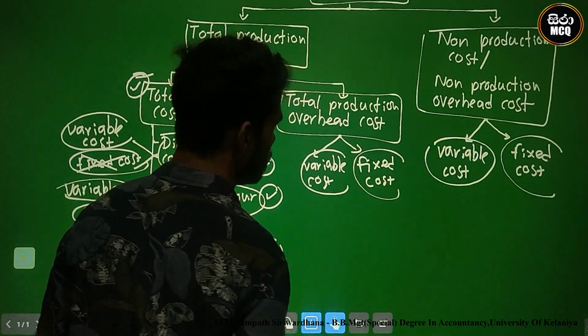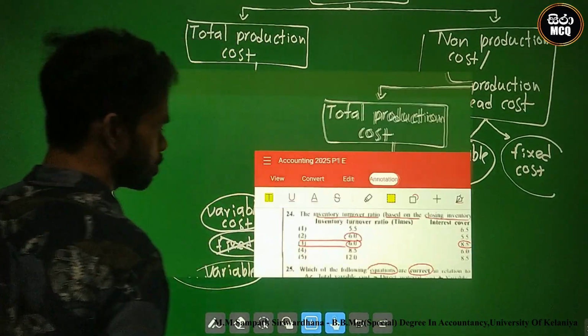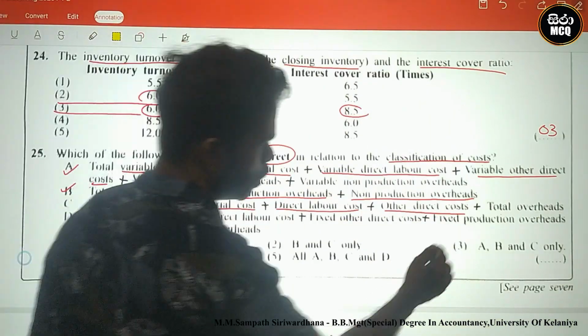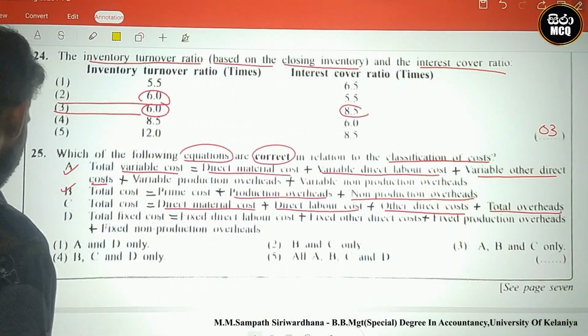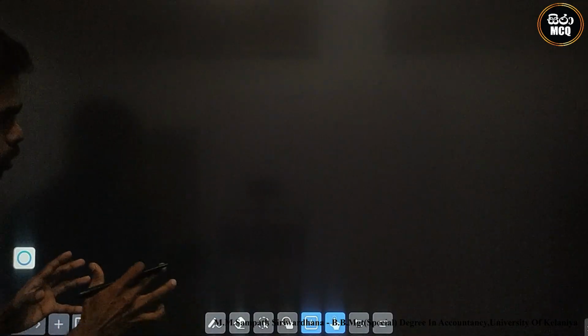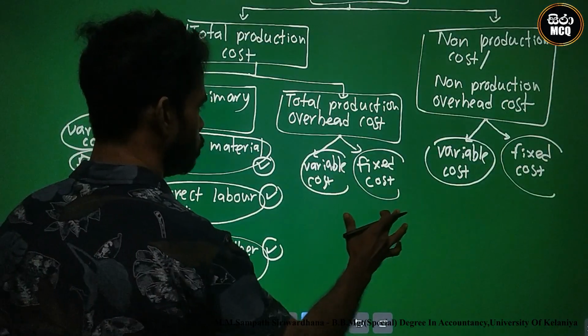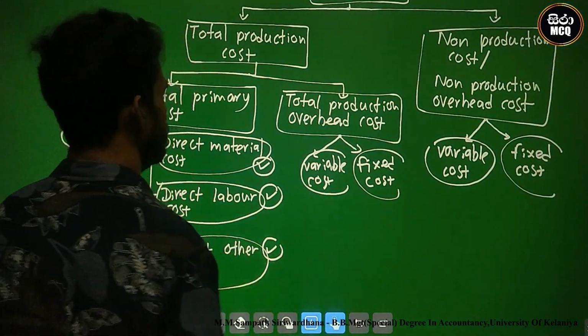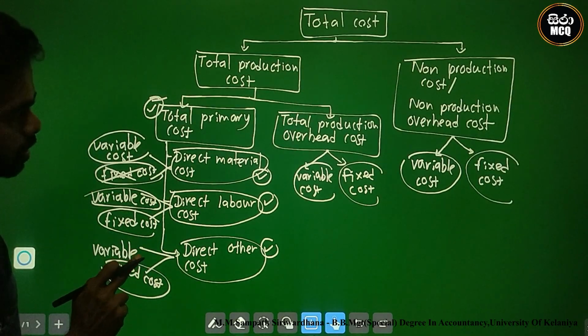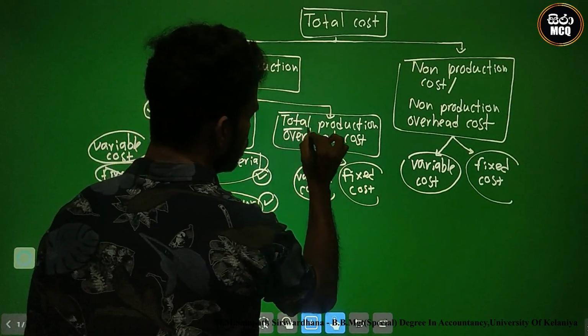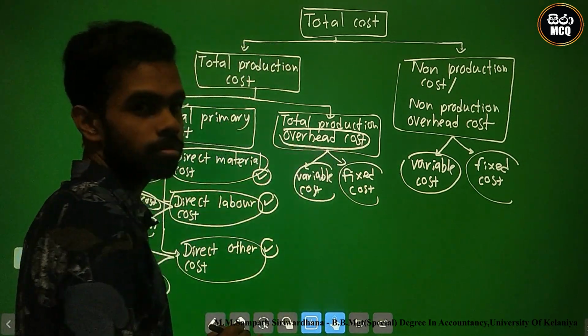After that they said, what is the major one? Total overheads. Total overheads means there are two branches. Look here, total overheads. This is one overhead, the production overhead.